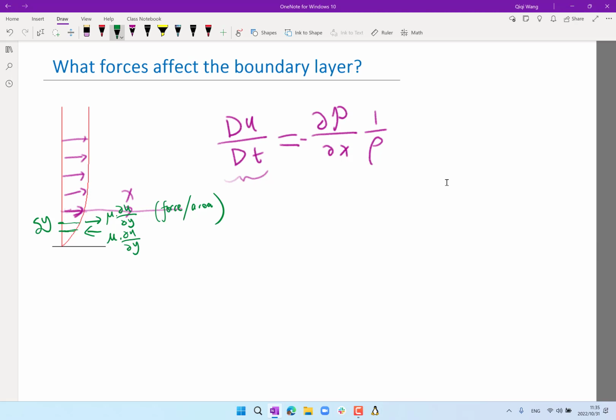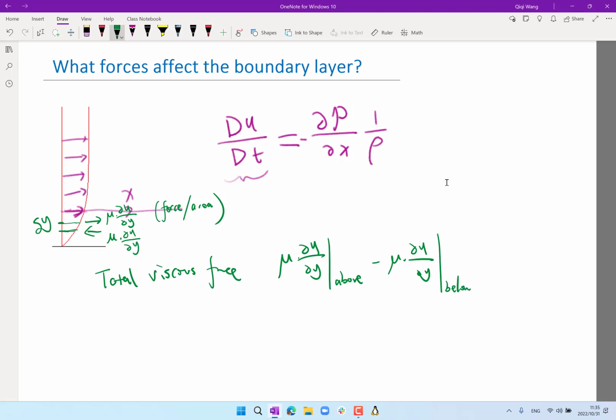Okay, so now think about what is the total viscous force. The total viscous force is equal to mu times du dy above minus mu times du dy below, right?